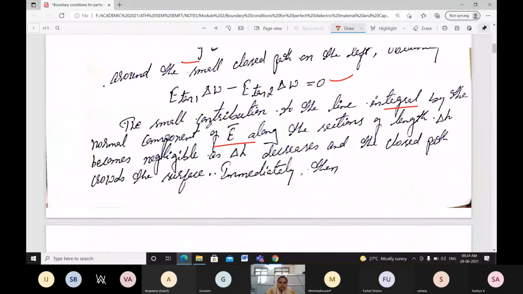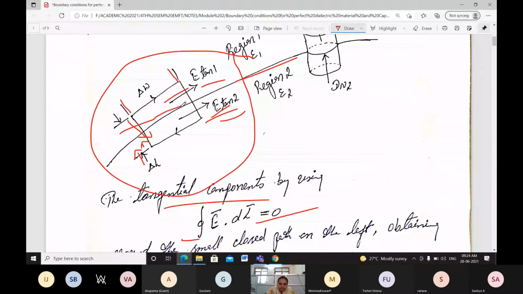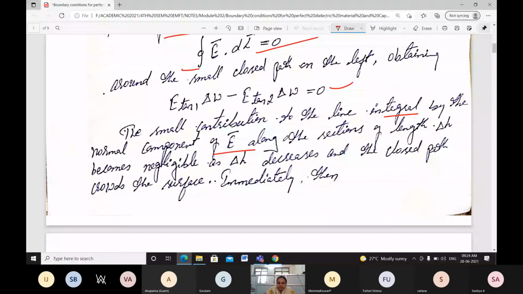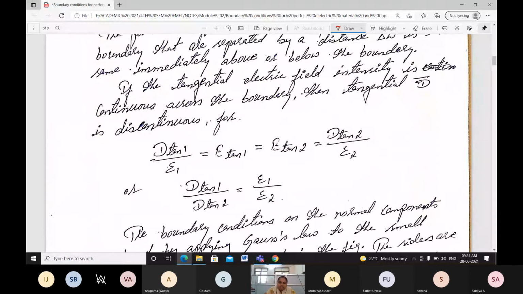If the tangential electric field intensity is continuous across the boundary, then the tangential flux density is discontinuous. Observe here: the tangential electric field intensity is continuous across the boundary, then the tangential flux density is discontinuous, the reverse of that.